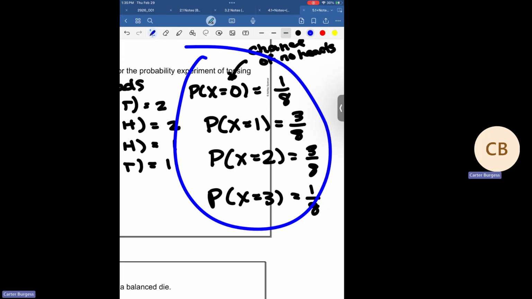Now, this strategy of going through every single possible outcome and looking at the number of times a particular value of our random variable shows up can only work if it's discrete. Why wouldn't this work if we were dealing with a continuous variable?